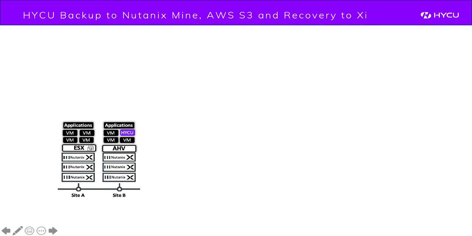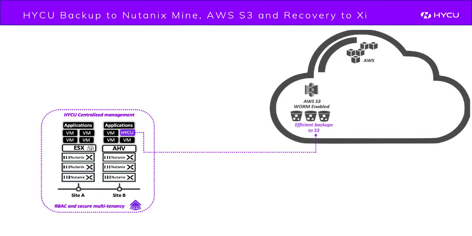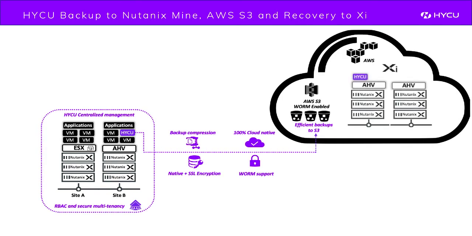So that was a demo of Nutanix and Haiku together using AHV, backing virtual machines up to an S3 bucket, and then restoring those virtual machines onto bare metal in AWS running Nutanix.